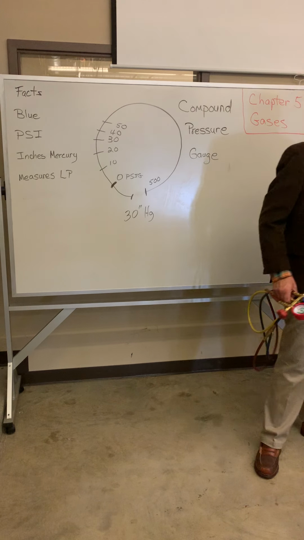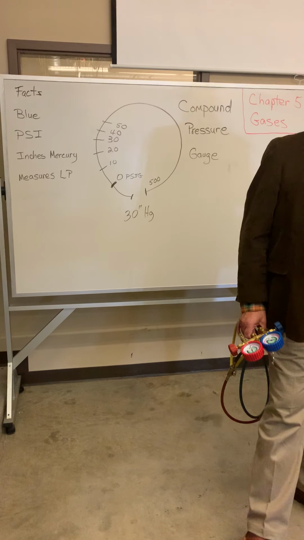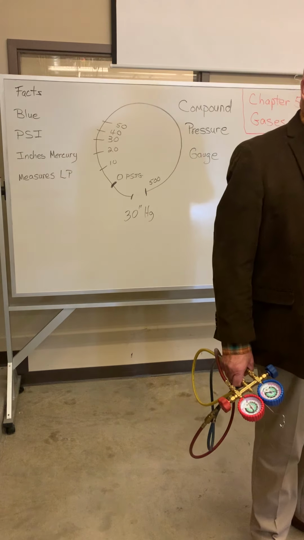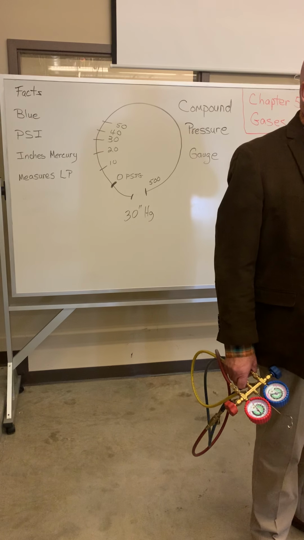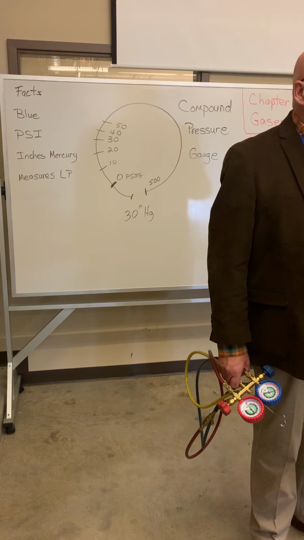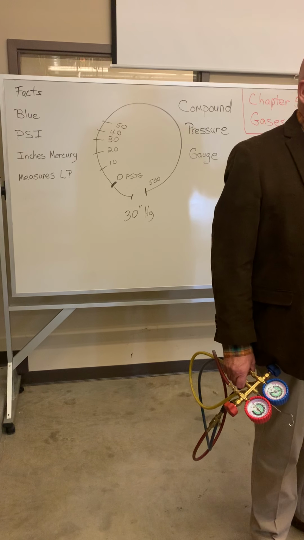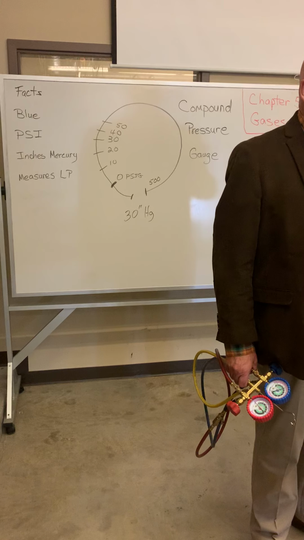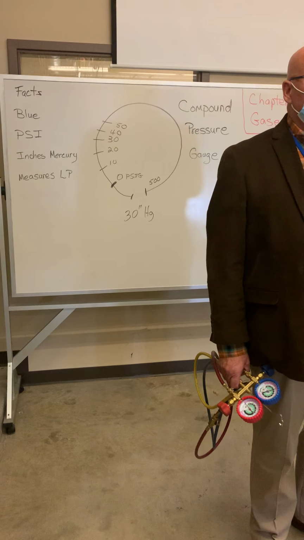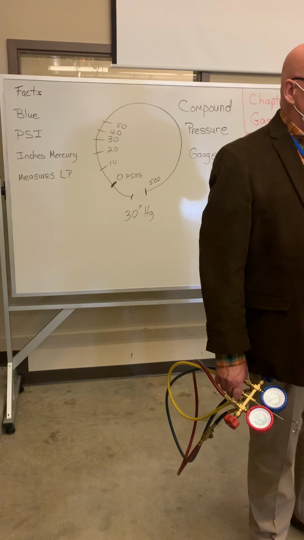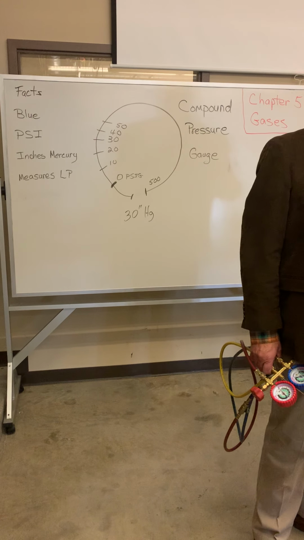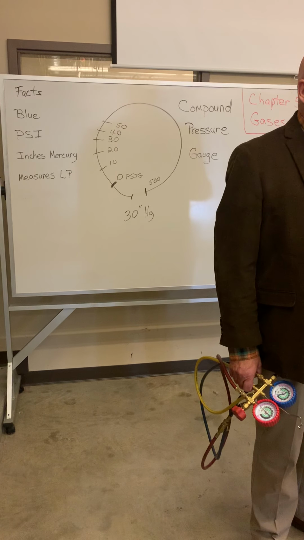So, temperature and pressure. In a system, as the temperature goes up, the gases become less dense, their volume increases, and therefore the pressure increases. The other thing about a gas is that a gas always takes on the shape of the cylinder that it's in.